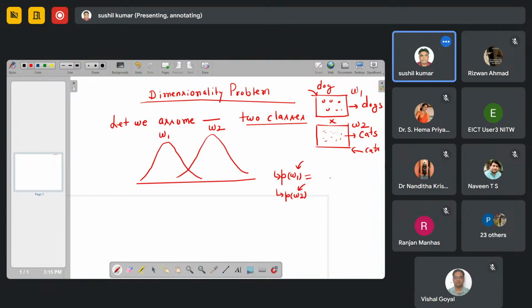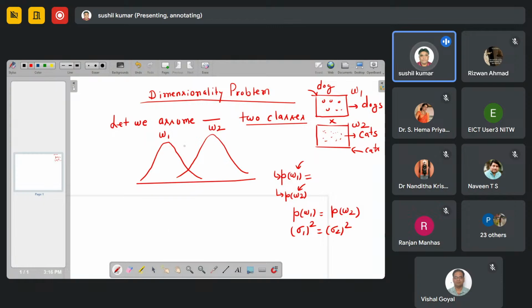But suppose P(omega 1) is equal to P(omega 2). Then it is very difficult, because sometimes the data may be such that these two classes overlap with each other. Then we will calculate the variances, but suppose in that case they are also the same.